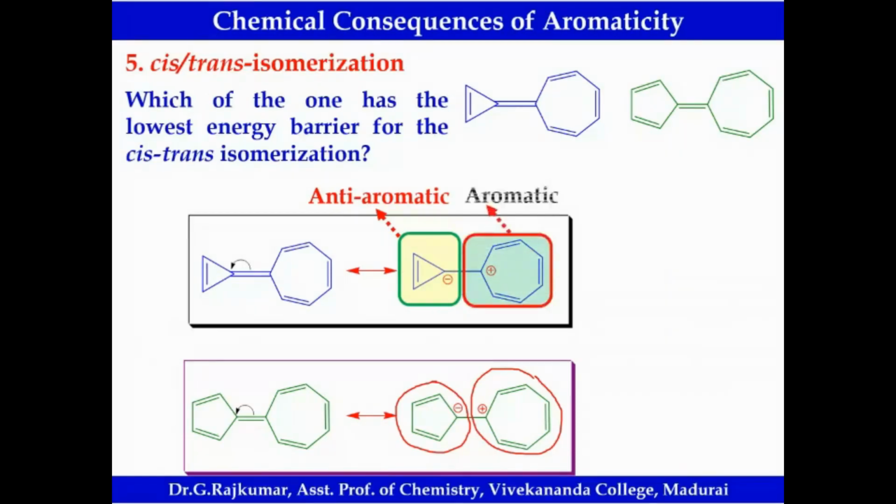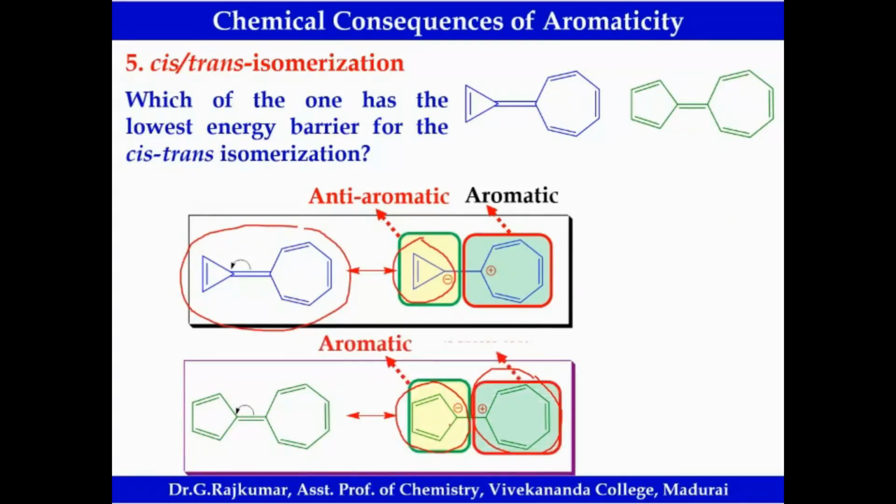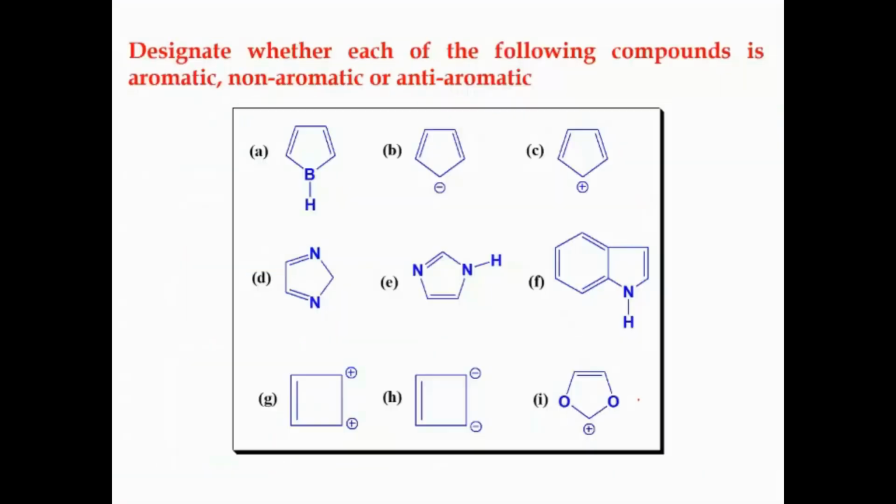Even though this part is aromatic, this part is anti-aromatic. The overall compound is non-aromatic, right? So this is aromatic. Hence, this has the lowest energy barrier, because displacement of electrons favors the aromaticity.